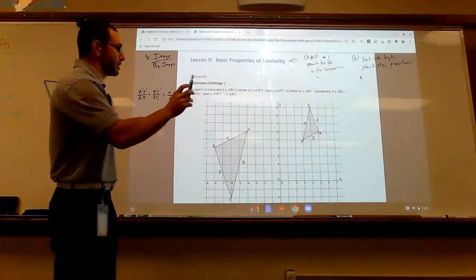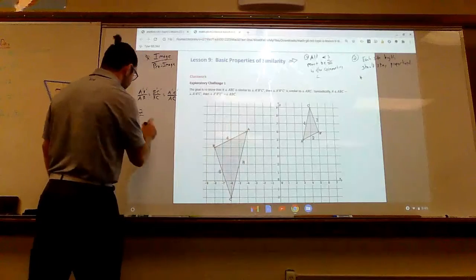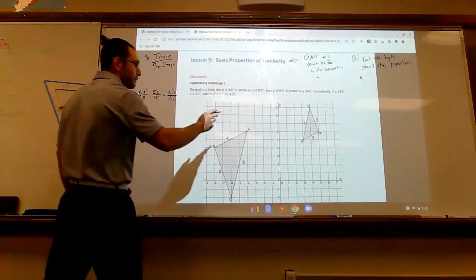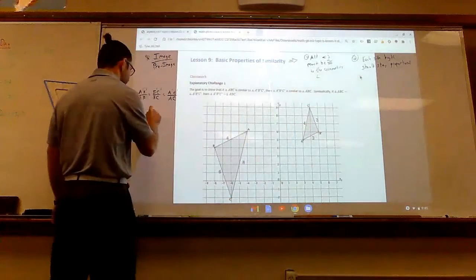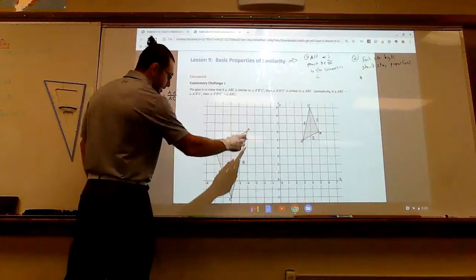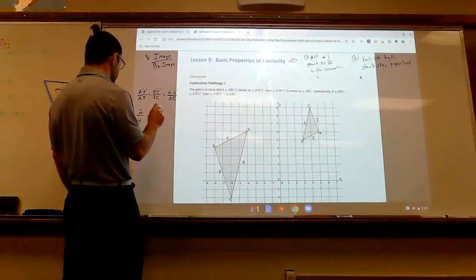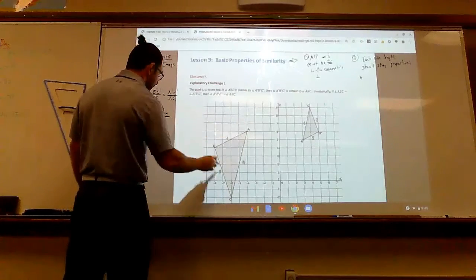So let's start substituting in. A prime, B prime is 2, divided by AB, which is 4. B prime, C prime, 3, divided by 6. AC is 4, divided by 8.